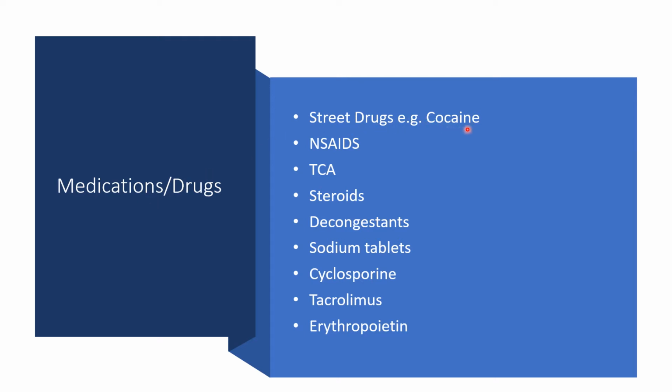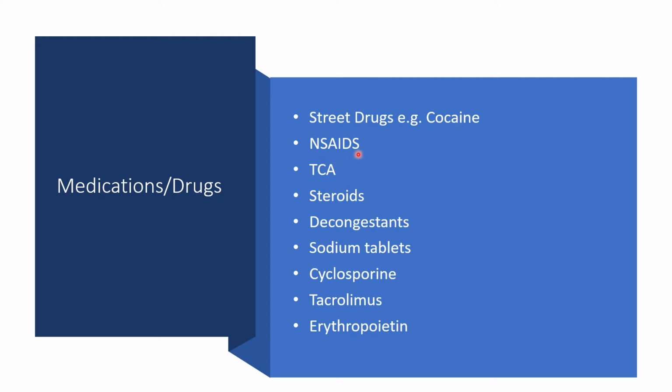So street drugs like cocaine can shoot the BP up. In fact, they can give cardiac ischemia, and you don't give beta blockers in them. There's a separate presentation for that already published by me. You can check my channel. No beta blockers in cocaine-induced myocardial ischemia or chest pain.